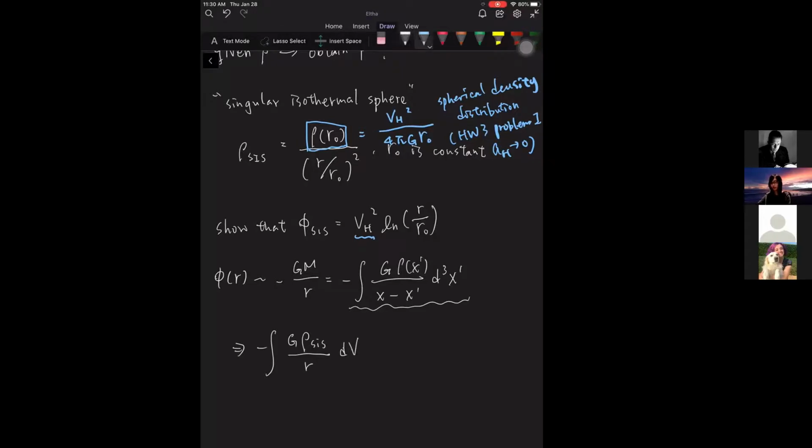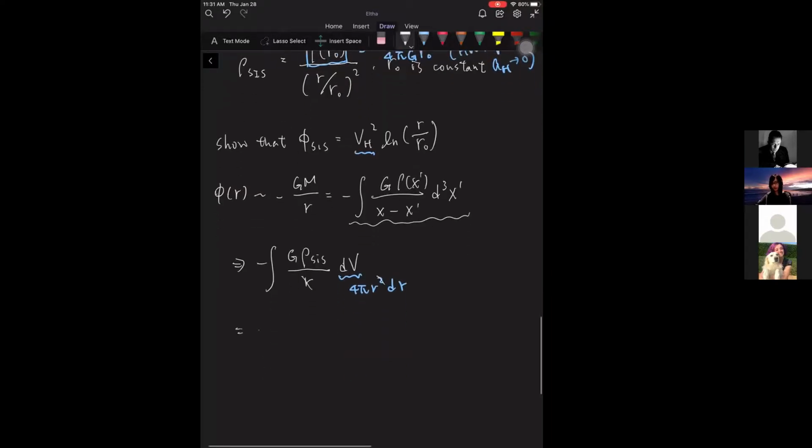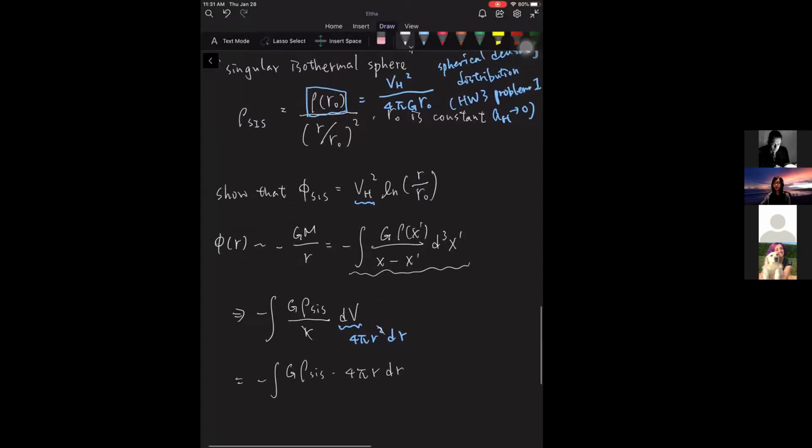And we know that for a sphere, dV is simply 4 pi R squared dr, right? And then we can cancel out the R over here and get negative G rho 4 pi R dr, right? And now we can plug in the given density distribution.